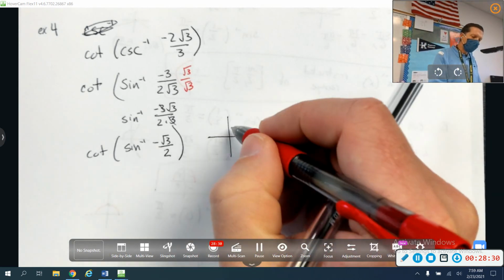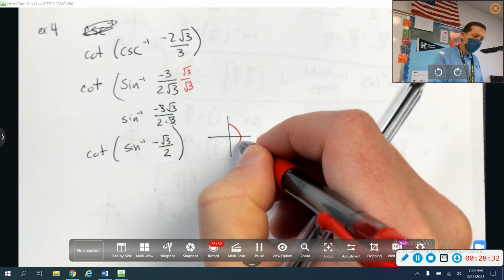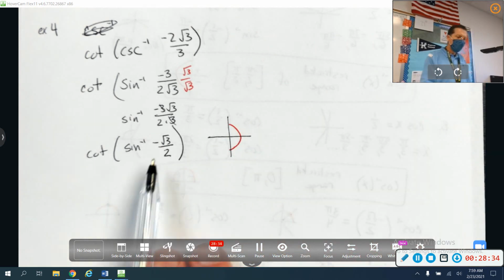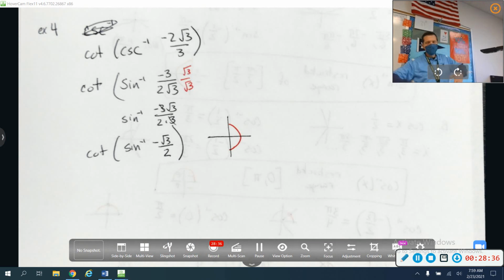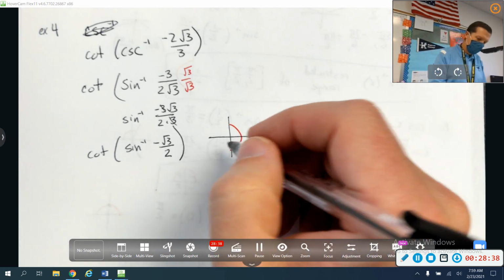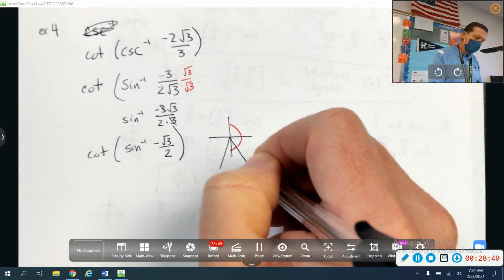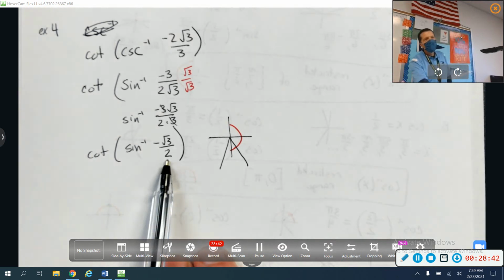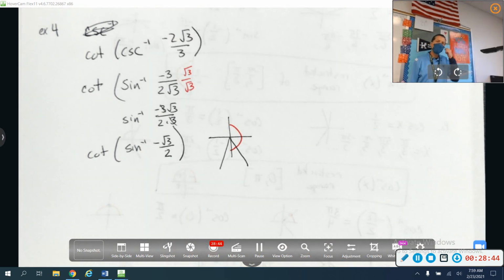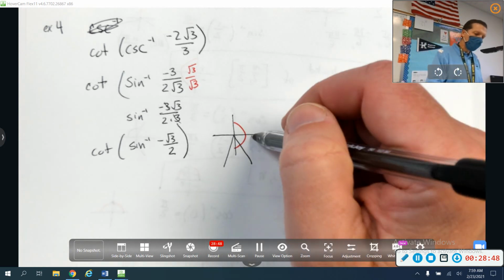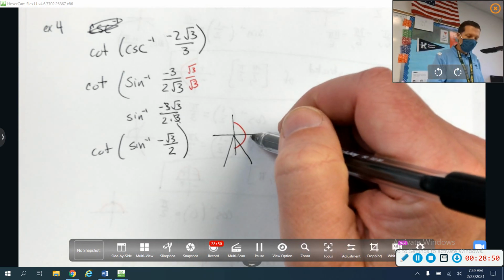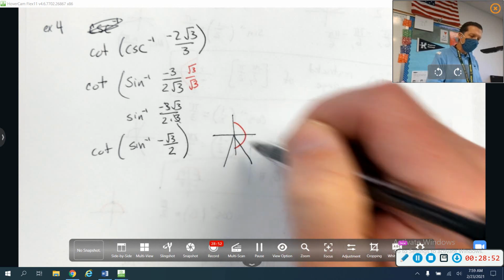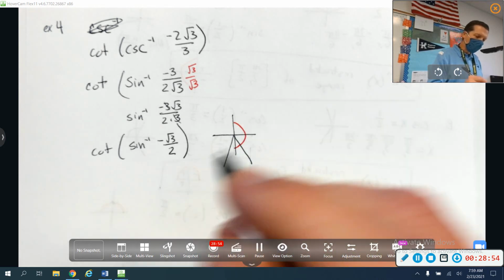Okay, inverse sine's got to come from 1 and 4. It's negative, so it's got to come from the down quadrants. Sine is the y, root 3 over 2 is the long side. So I need it to be steeper than it is long, and that means it's over 3.